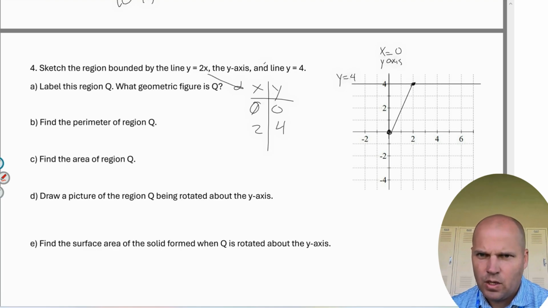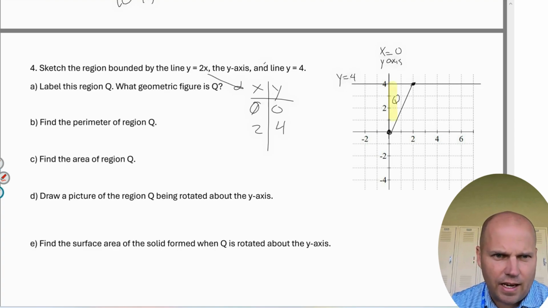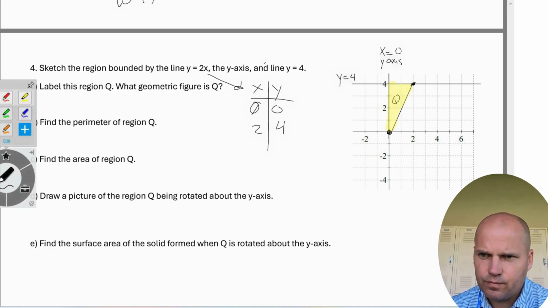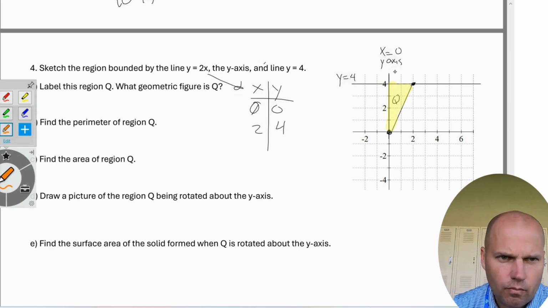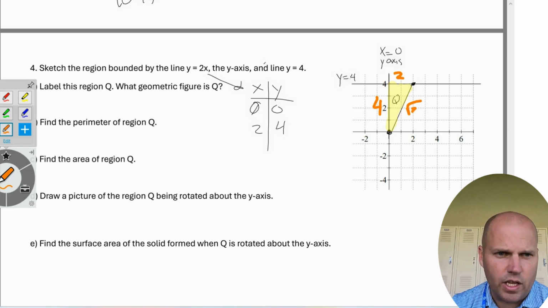Okay. Here's the region Q. It's a triangular region. This length is 2. This length is 4. This length is root 20, which is 2 root 5.